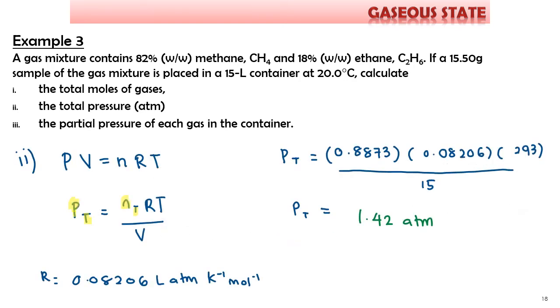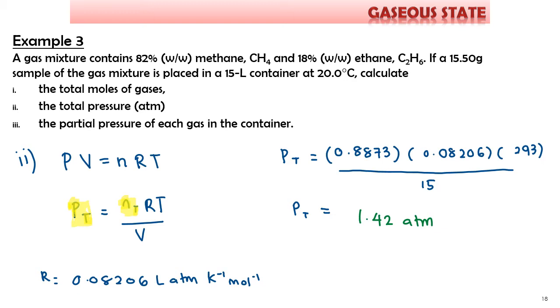Okay, so for the next question, the total pressure. So you can use this formula from the ideal gas equation, PV equals to nRT. So just find P total, total pressure means for mole you use mole total. And then R is the gas constant.